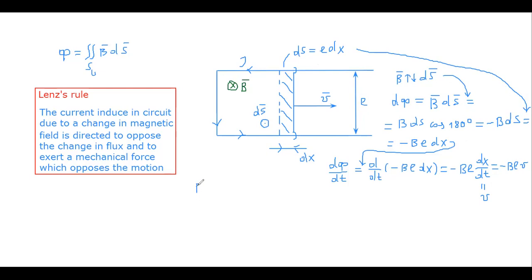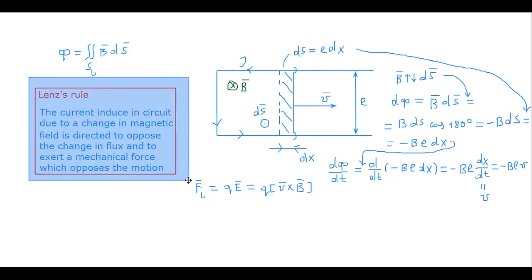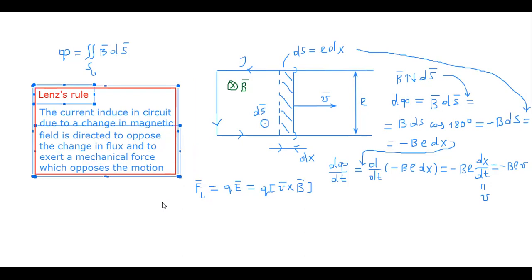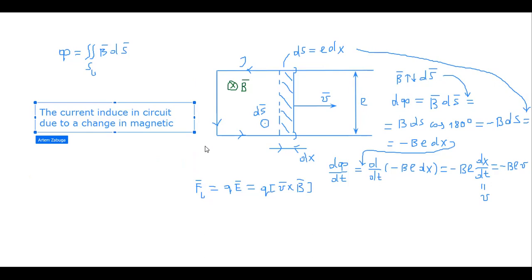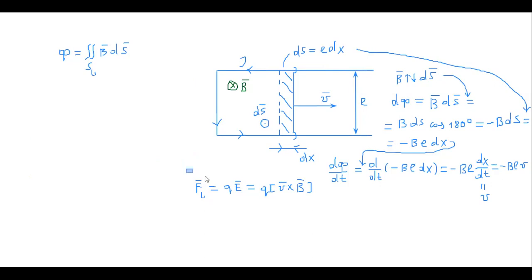As you can remember from our previous lesson, Lorentz force is equal to electric charge multiplied by electric field intensity, plus electric charge multiplied by the vector product of V and B. I think I can erase Lenz's rule because we don't need it anymore.